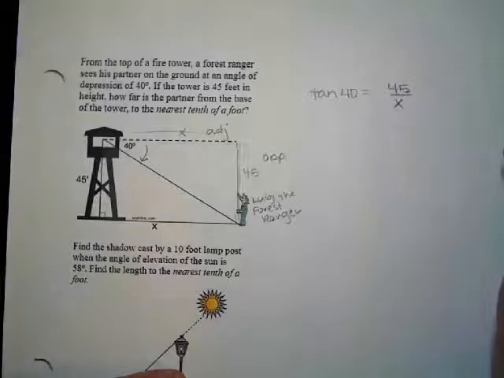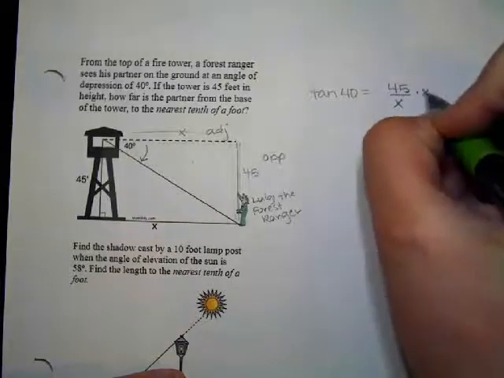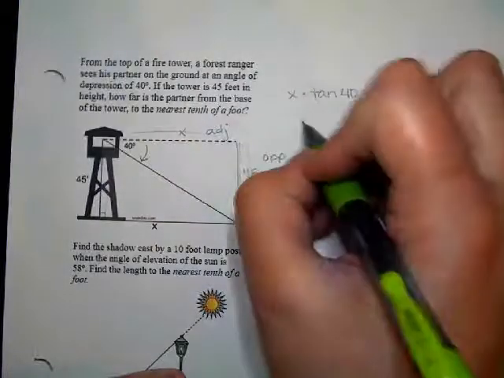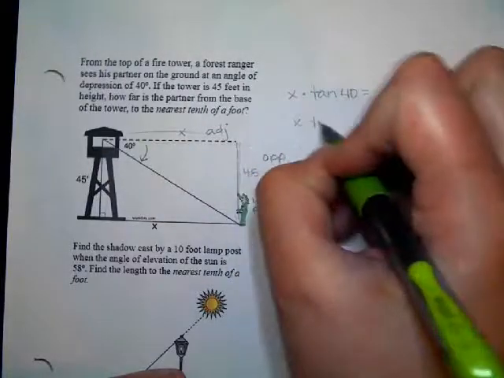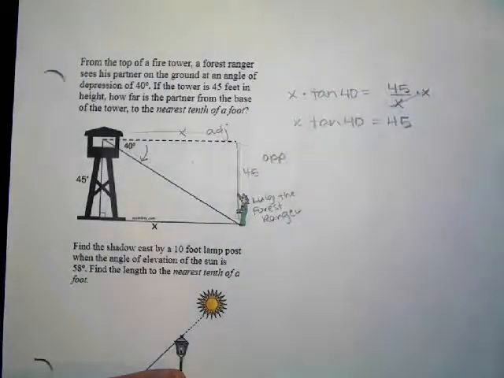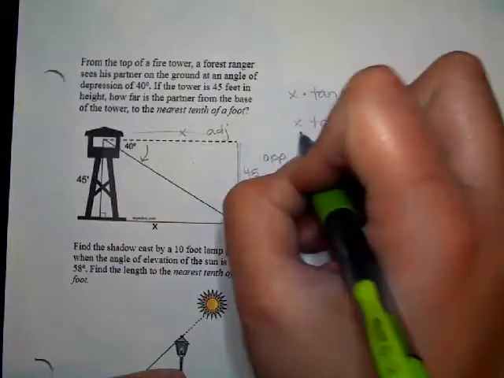Multiply by x, so we're getting rid of the fraction right now. So we have x tan 40 equals 45. And then what should we do? Okay, so divide by tan 40.